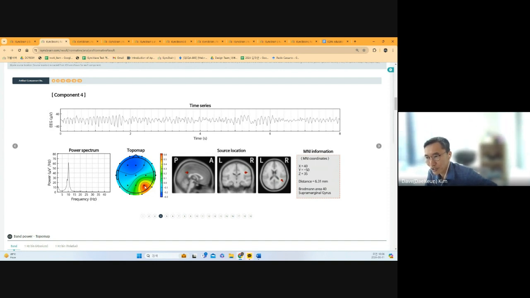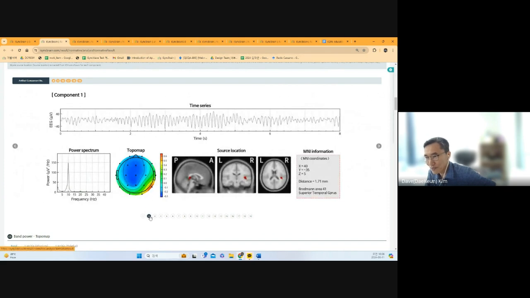Integration of emotional information is not working very well in these depression cases. So T6 alpha and P4 alpha are both unhealthy areas we have to target.